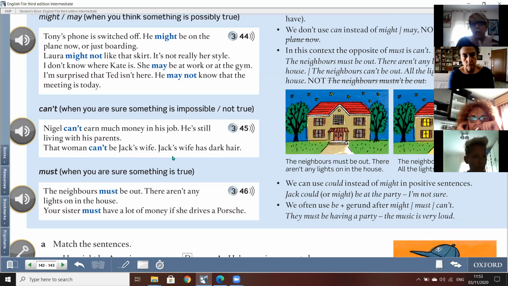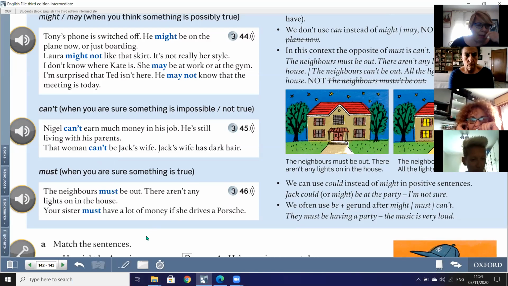As he is living with his parents, my deduction is that he can't earn so much money because otherwise he would have gone. The same. That woman can't be Jack's wife. Jack's wife has dark hair. I'm pretty sure that she's not, because I know that she's got dark hair. But you know, there's one possibility in a million that she changed the color of her hair. So, it's my deduction.